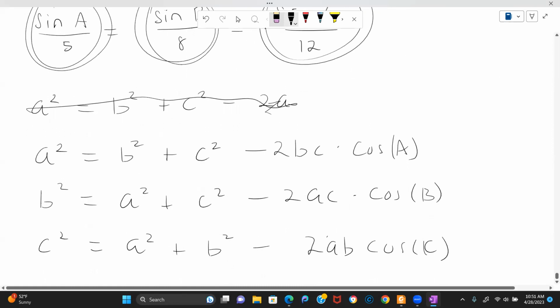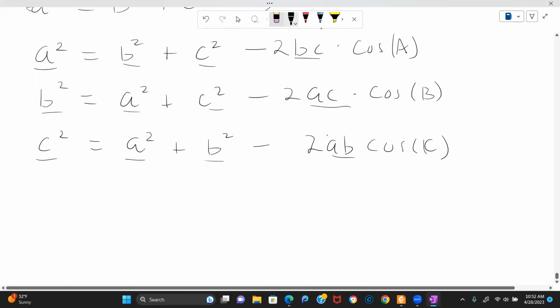So in all of these, we're given these numbers right here, the A, B, and C. So we have all of those. What we want to do is just solve for cosine A, cosine B, and cosine C. So let's look at the first one. The angle is the unknown.